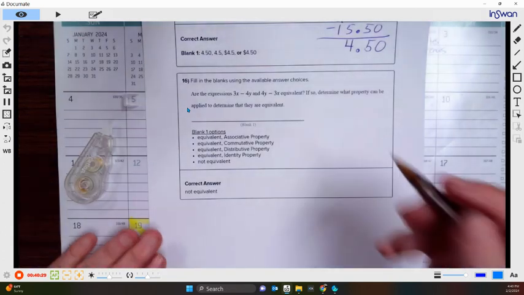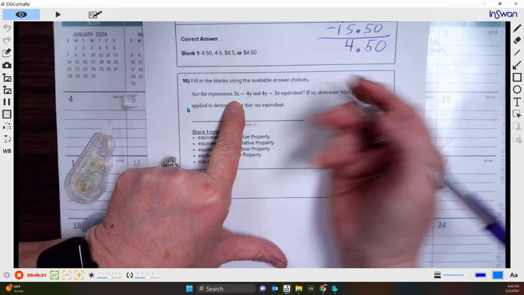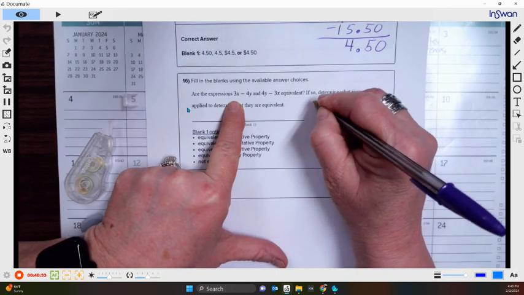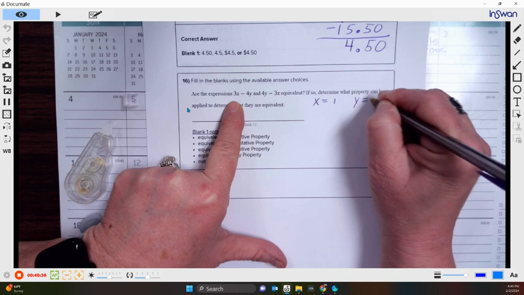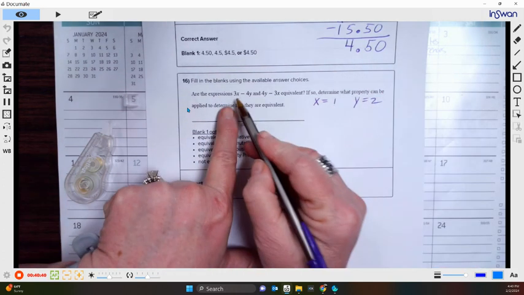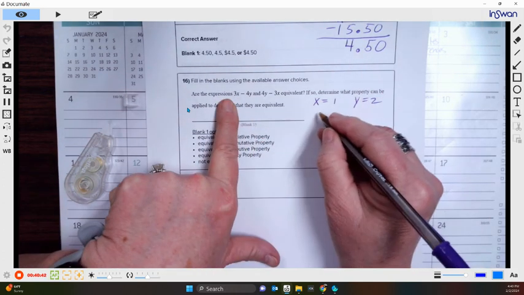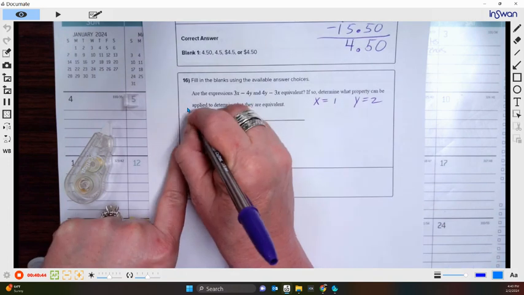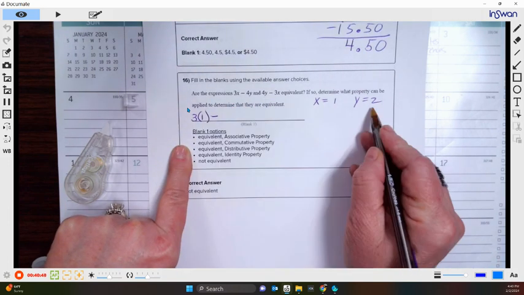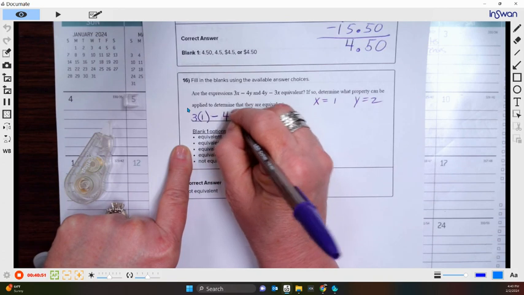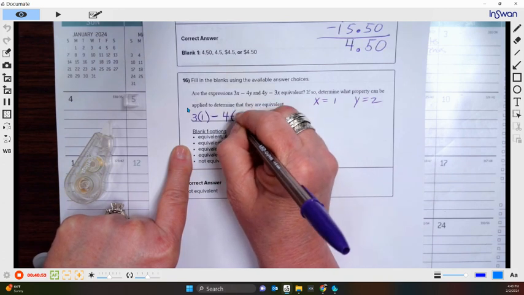Okay. So looking at this, if I pull in a value for x, I could say x equals 1 and y equals 2. You could really put anything. So if x equals 1, I have 3 times x, which would be 3 times 1, minus 4y would be 4 times 2.